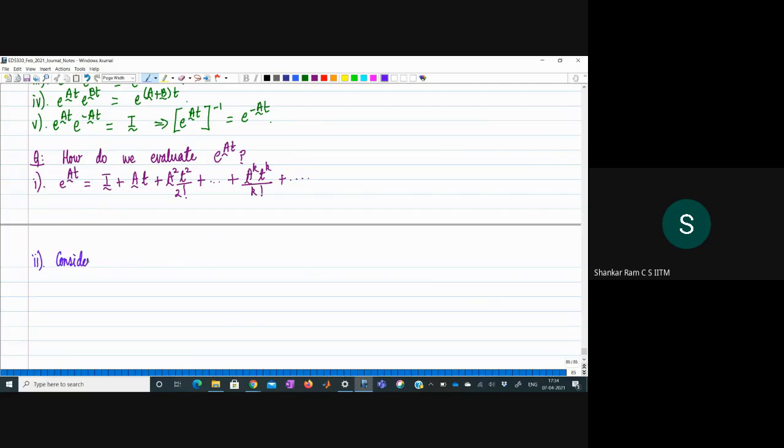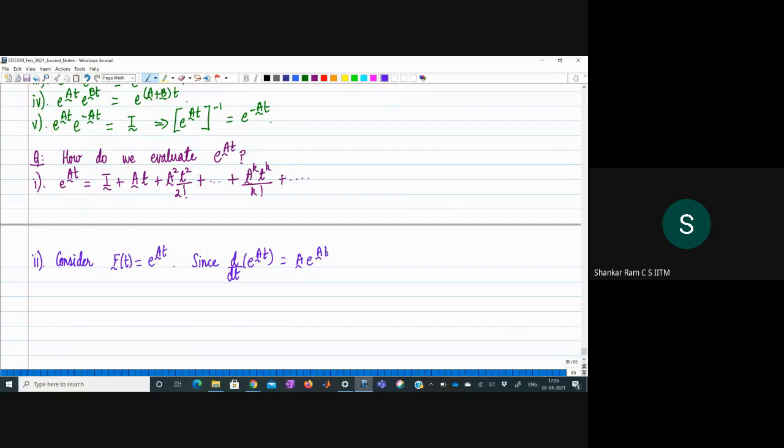Let's consider a function, let's say f of t, which is a matrix valued function, which is e power At, right? Since we just learned that the time derivative of e power At is going to be equal to A times e power At.